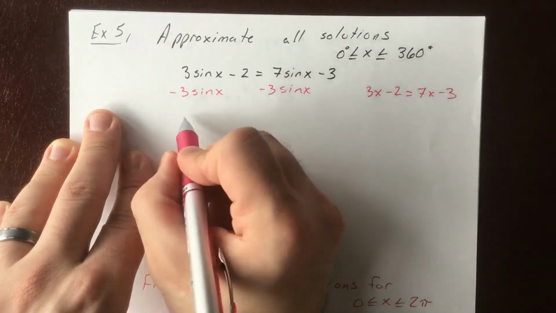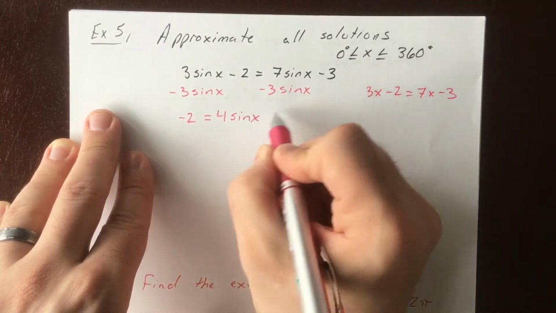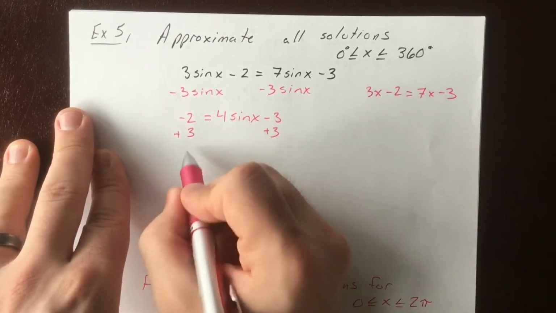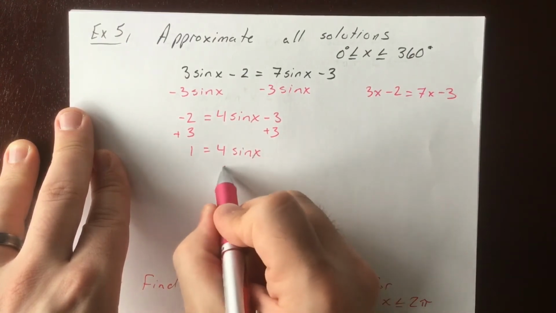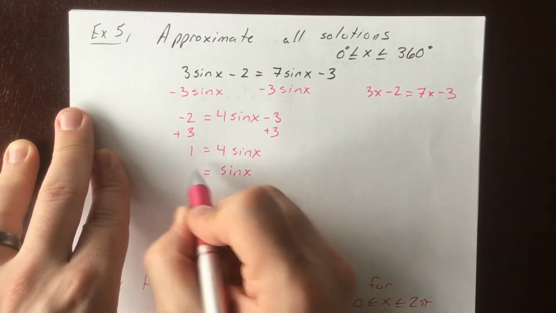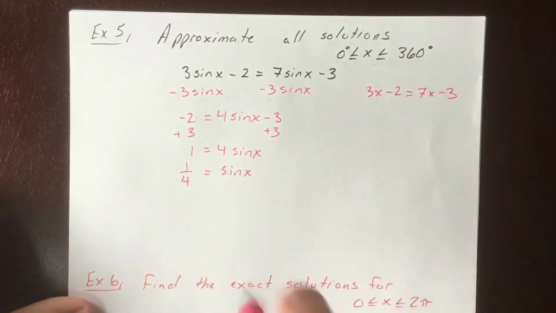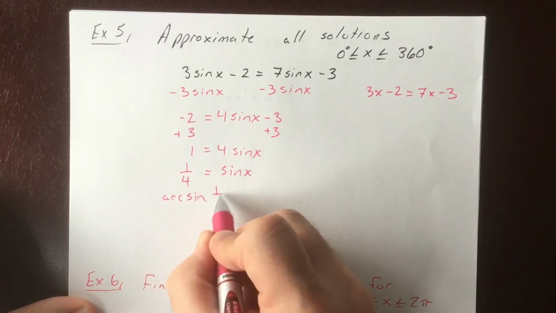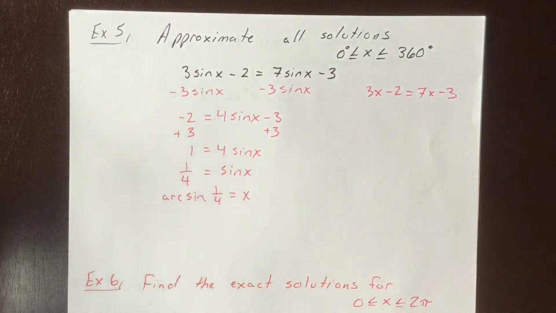Okay, so that leaves us with negative 2 equals 4 sine of x. Now I add the 3, which gives us positive 1. So we're getting sine of x equals 1/4. This is not a fraction that we're used to. So the arc sine of 1/4 is not going to be one of our known angle measures.